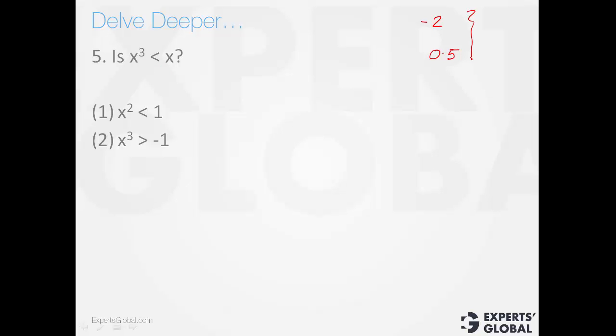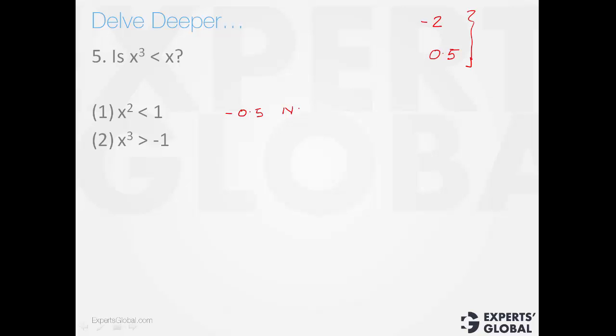And now let's look at statement 1 alone. When we look at statement 1 alone, x square is less than 1. This would also be true for values such as a negative 0.5. See, for values such as negative 0.5, 0.5 square will be 0.25, which is less than 1. However, if you put it here, negative 0.5 cube will become a much smaller negative value, and therefore on negative 0.5 we will get no as an answer.